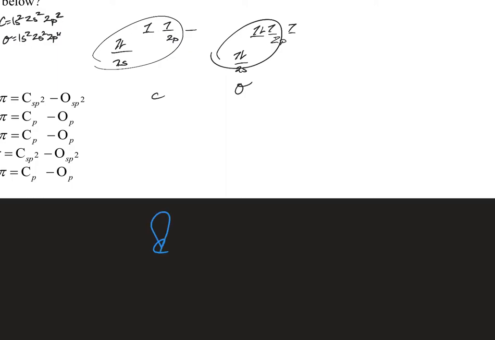And we have a carbon with a p orbital here. We've got an oxygen with a p orbital there. Those are going to overlap above and below to create a pi bond. You also have an sp2 orbital for each of those, combining in the middle to make a sigma bond.